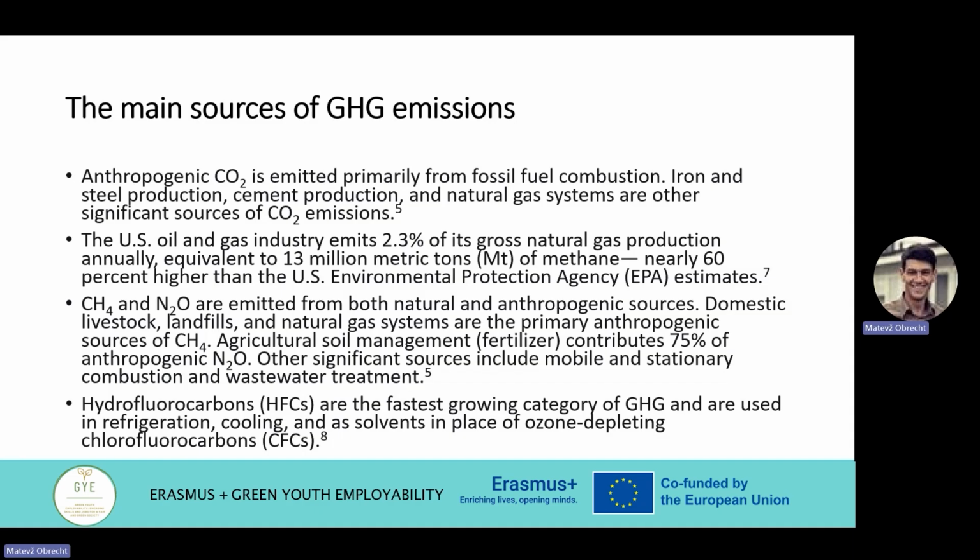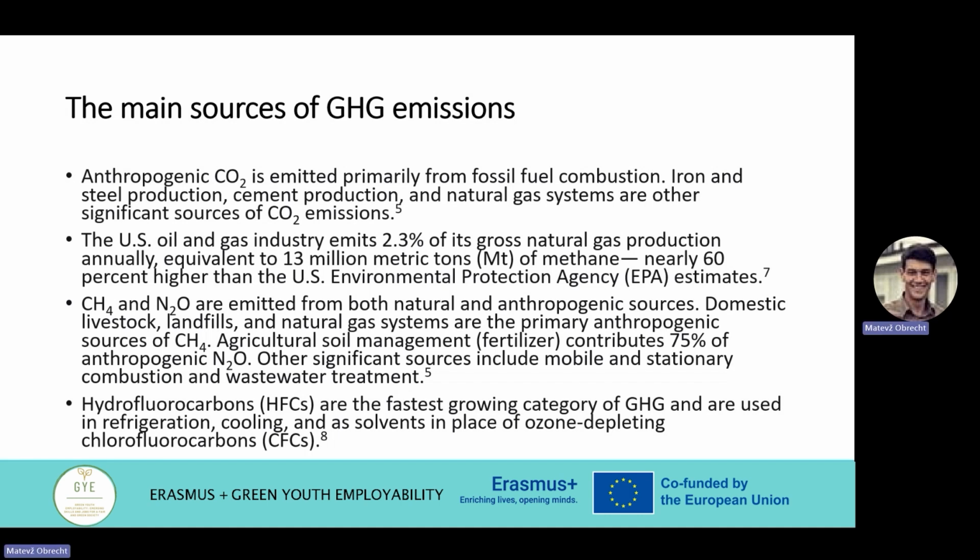This is equivalent to 13 million metric tons of methane, so much more than estimated by the Environmental Protection Agency. So we have a lot of carbon emissions which we are not even aware of and which we don't measure yet. We are emitting huge amounts of carbon, and in reality, these amounts are even much bigger. So that's why it is so important to be able to assess and monitor them.